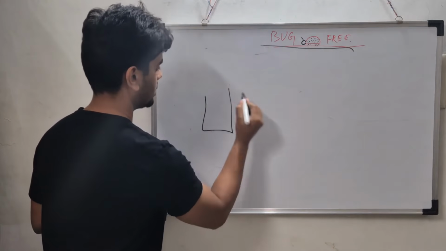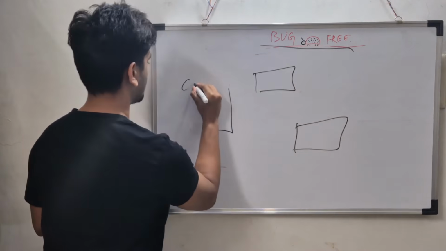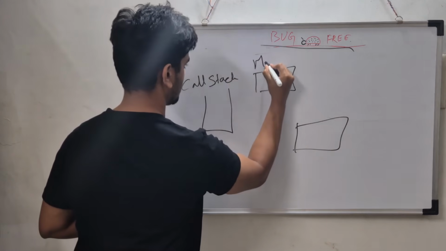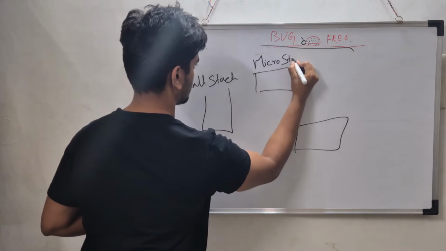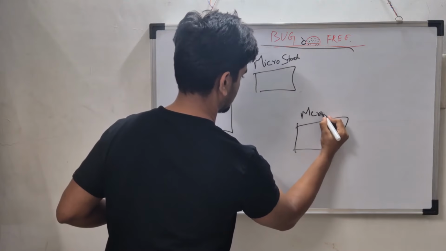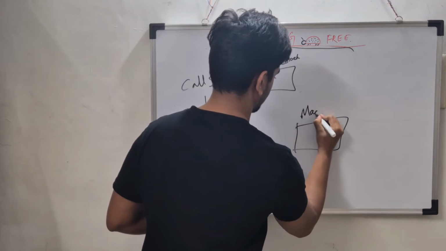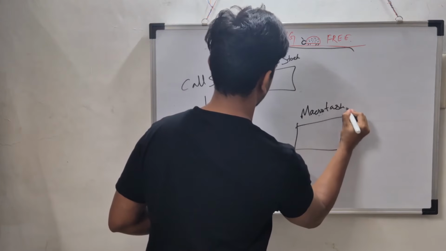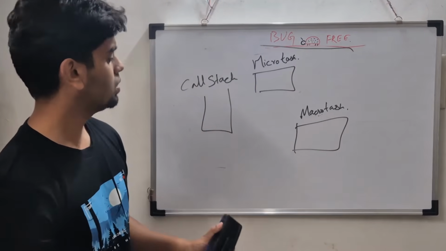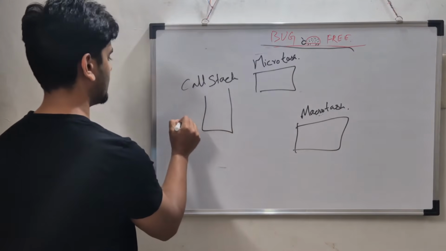This is the call stack, this is our micro task, and this is our macro task. As we said, whatever code comes to the call stack gets executed in a second.